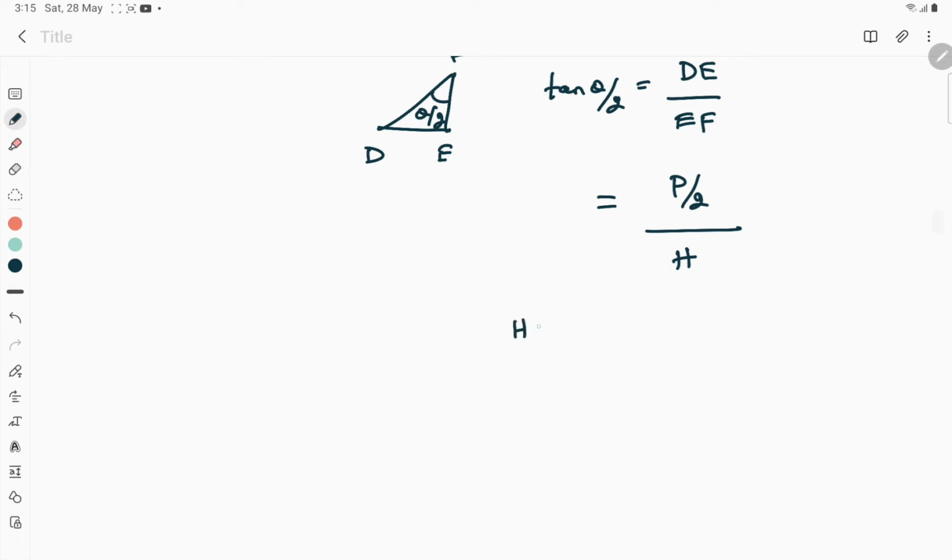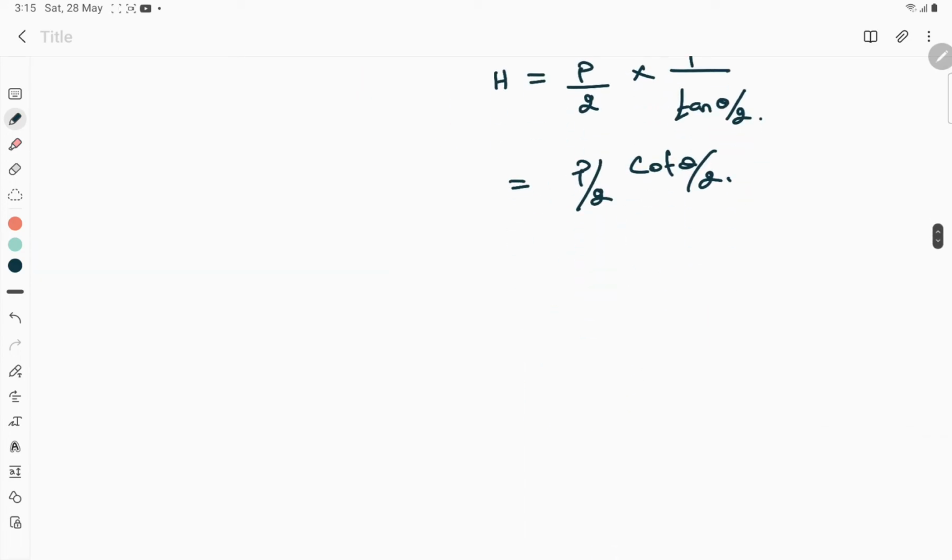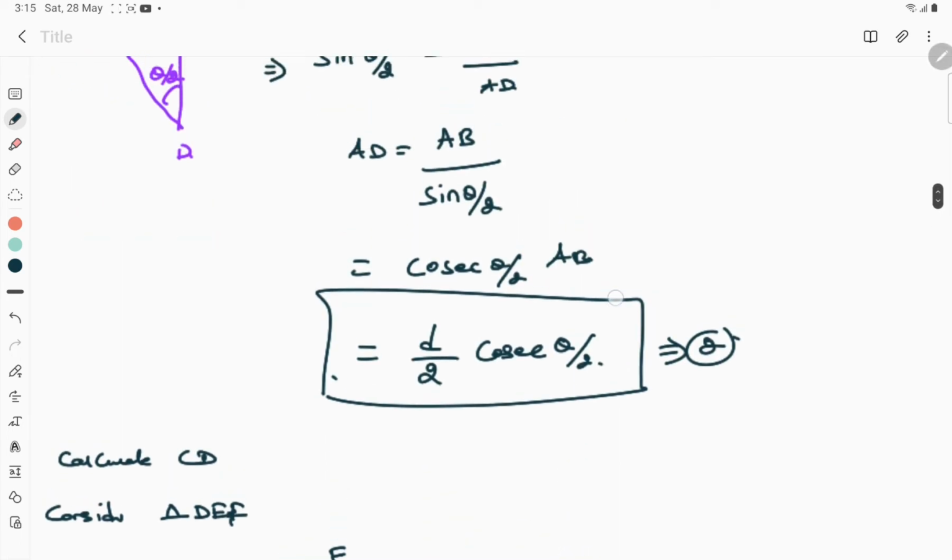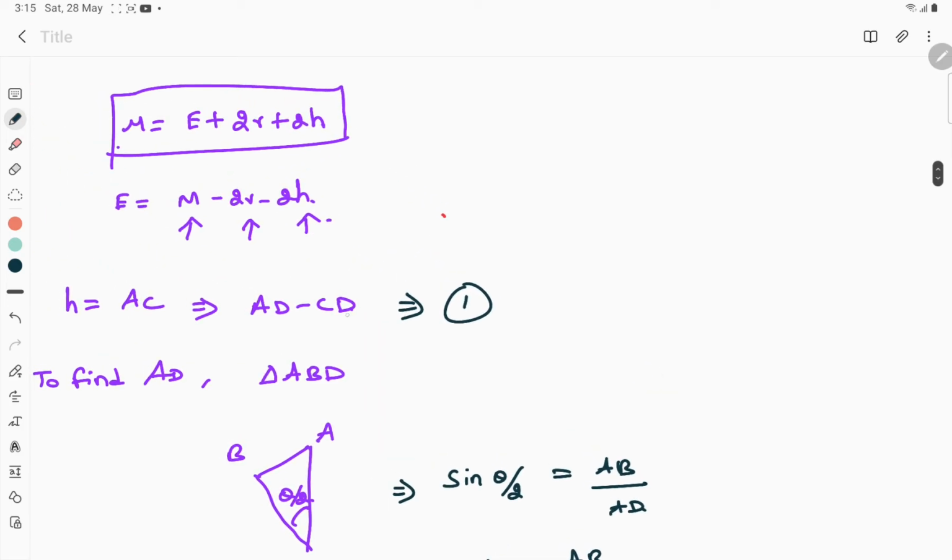Now we will interchange the terms. H is nothing but p by 2 into 1 by tan theta by 2. So 1 by tan will be cot theta by 2. We have found h is p by 2 cot theta by 2. From equation 1 we are interested to find only CD.